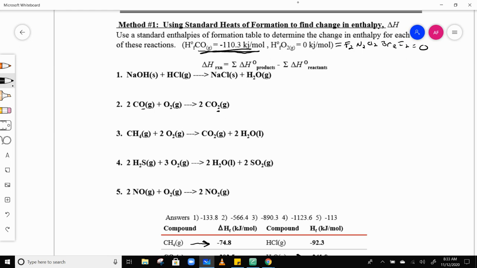Then there are lone elements. If you just have Fe or Al, most of the time it's going to be a metal. If you just have calcium, those are all 0. Anything by itself is 0.